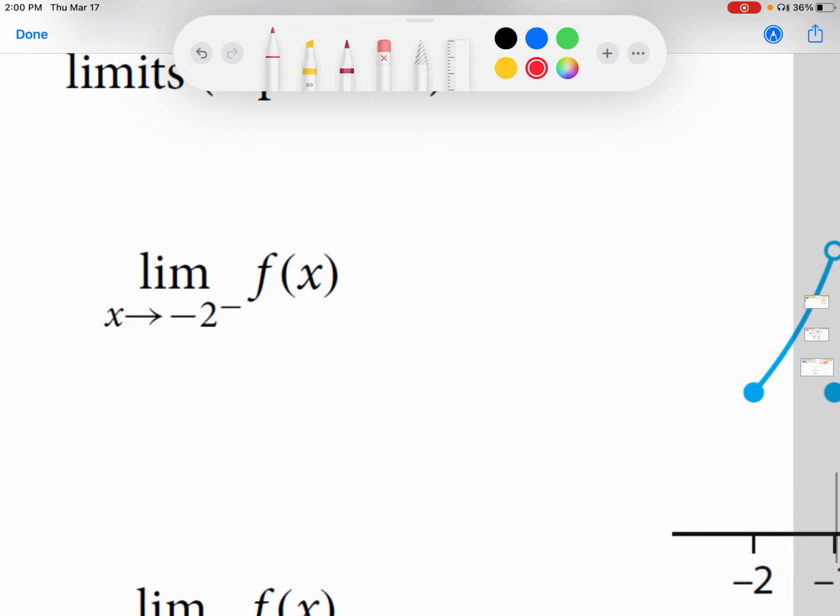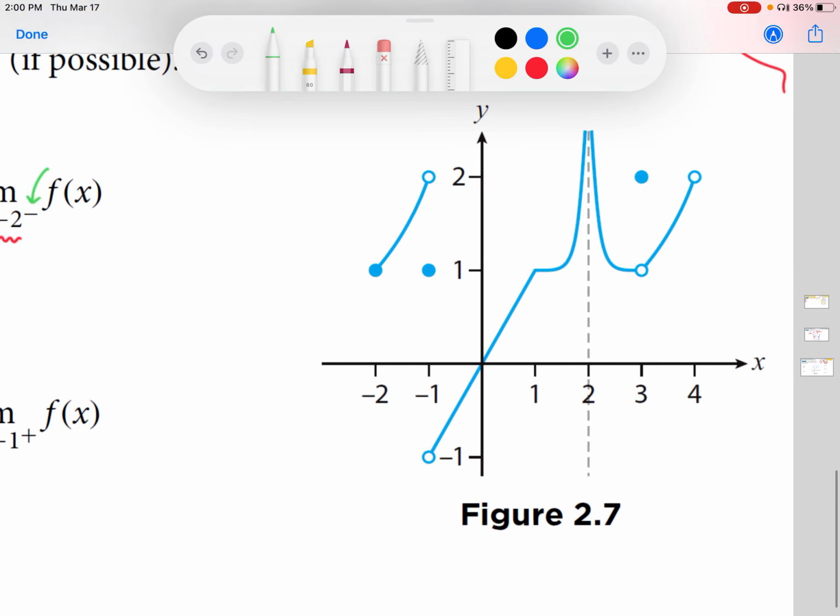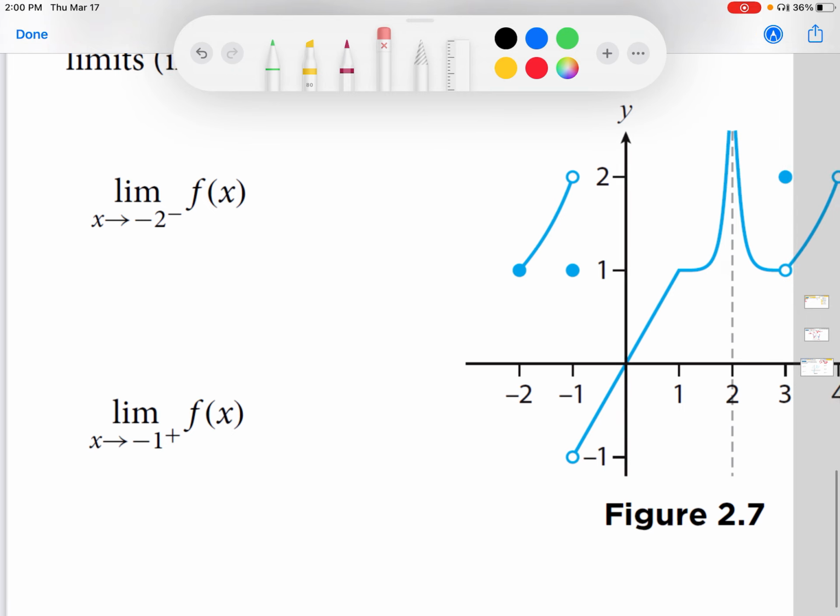So let's take this first one. We are approaching x equals -2 from the left. So we're going to go to our graph. Here's -2, and I'm going to look for the portion of the graph that is to the left of -2. And I notice that there is no information given to me about the graph to the left of -2. We can classify the outcome in various ways, but I am going to write DNE, does not exist.